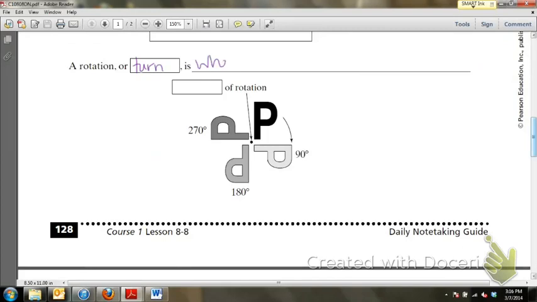Alright, a rotation or a turn is when a figure is rotated around a point. And you guessed it, that point is called a point of rotation. And that's pointing to this little dot in the middle here. So we're rotating this big letter P around this little point.